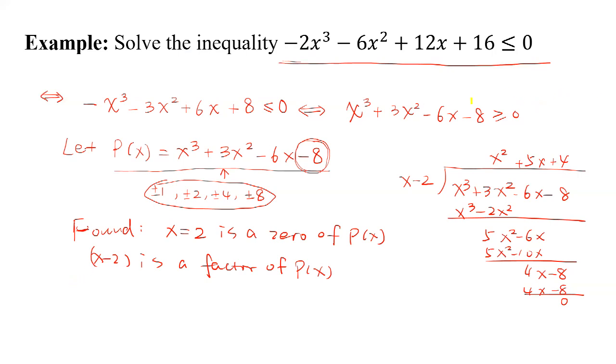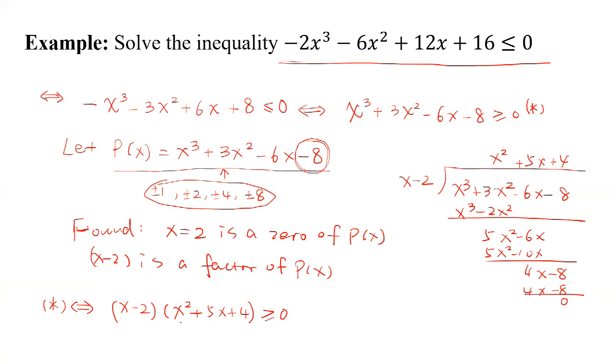Let's call the inequality here asterisk. So the asterisk is equivalent to the left-hand side being factored to x minus 2 times x squared plus 5x plus 4, greater than or equal to 0.